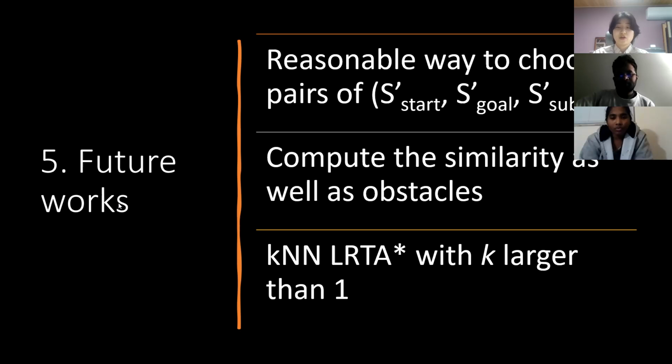Next, as mentioned, Octile heuristic distance excludes obstacles in paths. They suggested the improvement in the algorithm so that it computes similarity as well as obstacles. Additionally, they initially set k to 1. If k becomes larger than 1, the enhanced algorithm could find another optimal path.